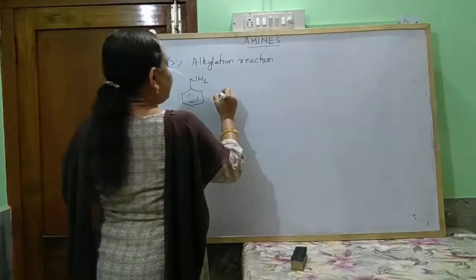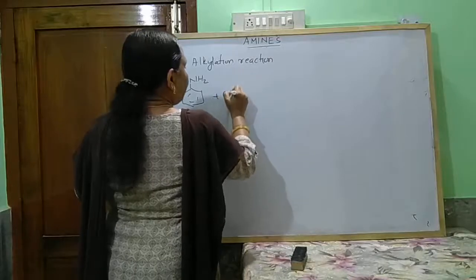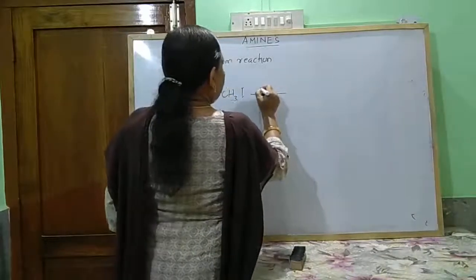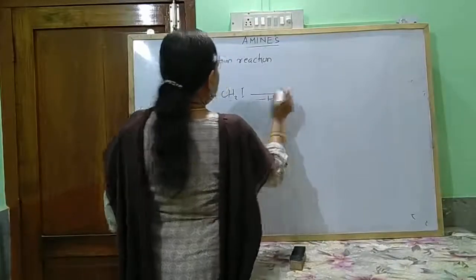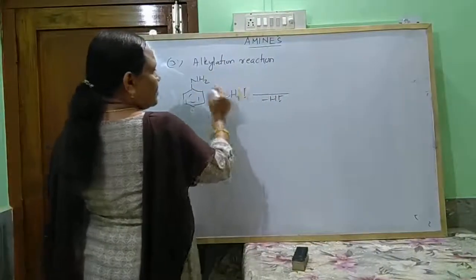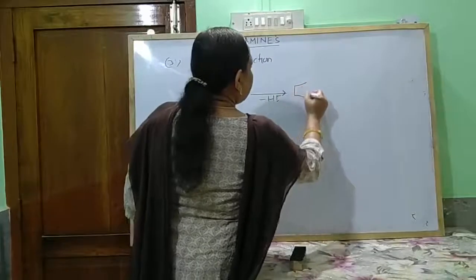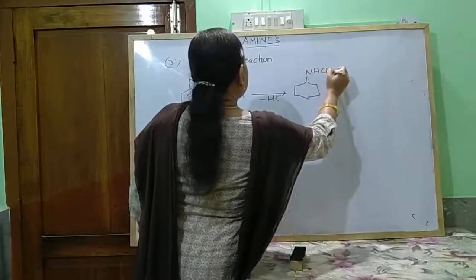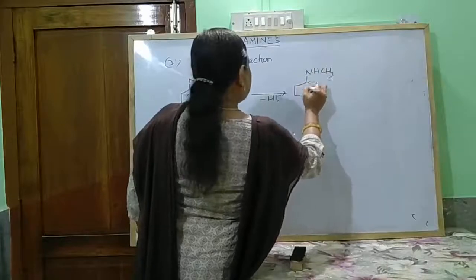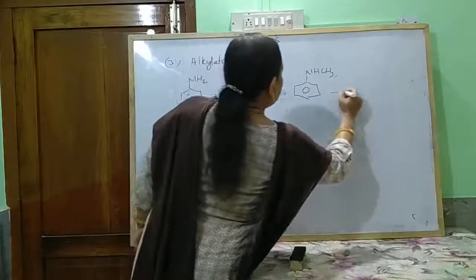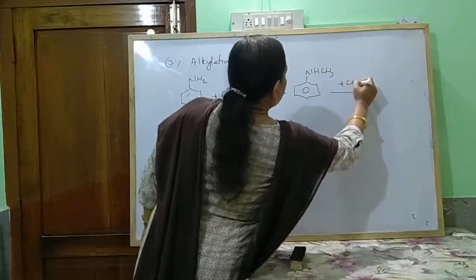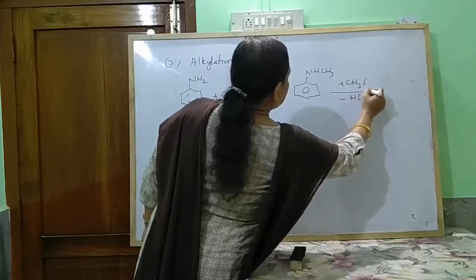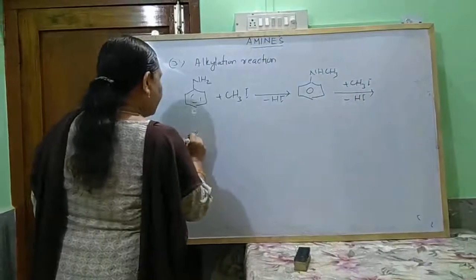C6H5NH2, suppose I am taking methyl iodide here, minus HI, one H and one I, it forms C6H5NHCH3. And this C6H5NHCH3 again reacts with CH3I, minus HI. It forms C6H5N(CH3)2.